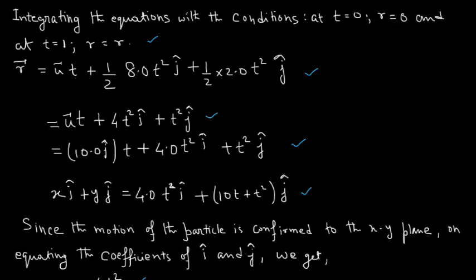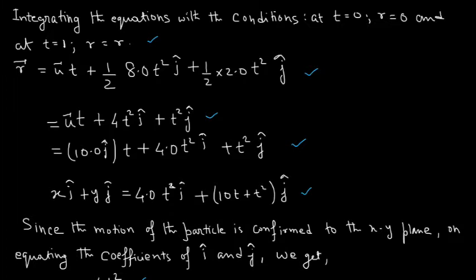So x i plus y j is equal to 4t square i plus (10t plus t square) j.